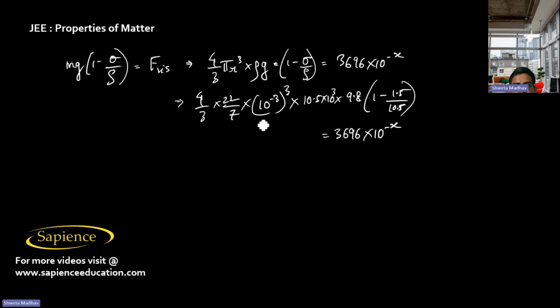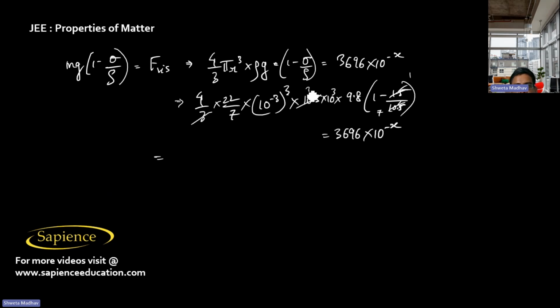So here, see, point I can cancel. So 15 × 7 is 105. 30, 15, 30, 10. So 1 minus 1 by 7. So this will be 3.